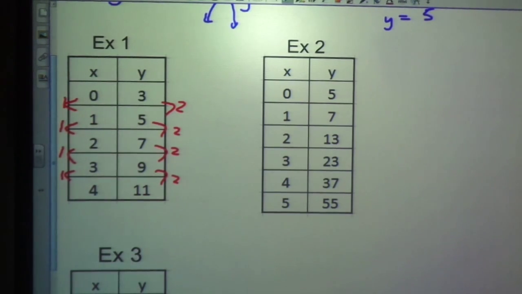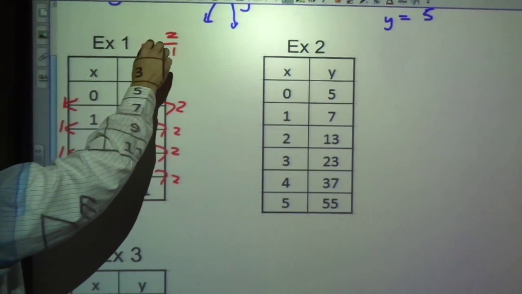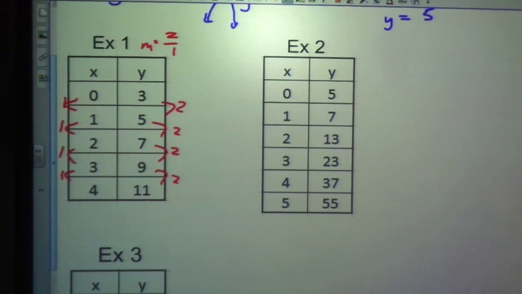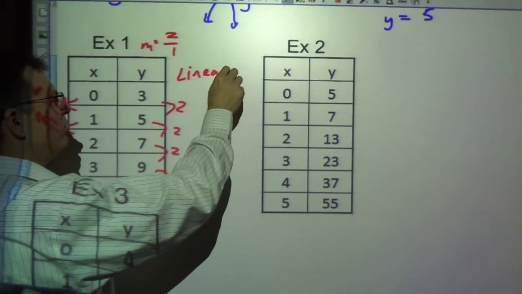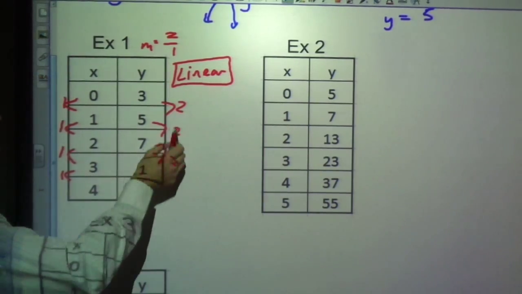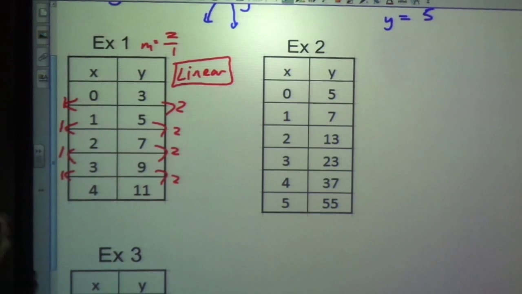It's all the same number, which means that the change in y over the change in x is 2 over 1, which tells us that the slope is constant. It's a constant rate of change. So the kind of equation or graph that has a constant rate of change is linear.